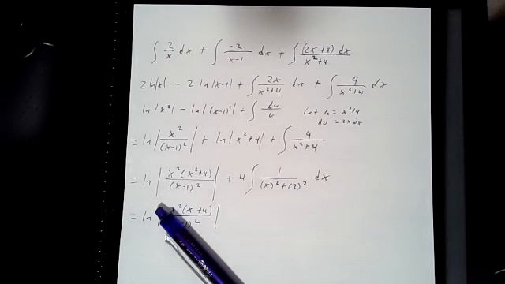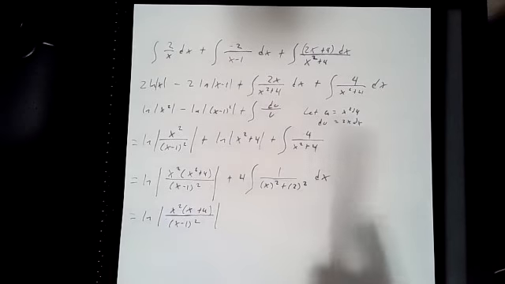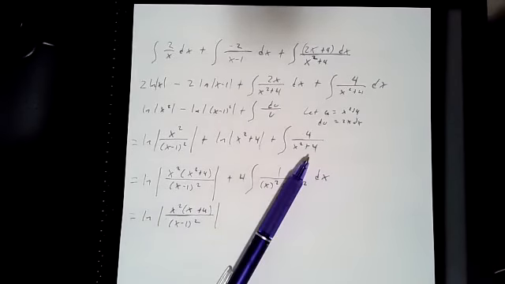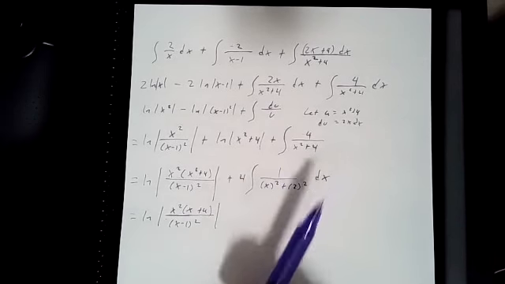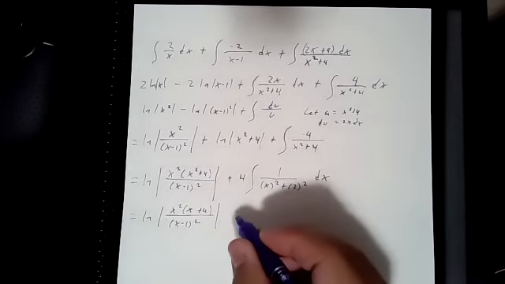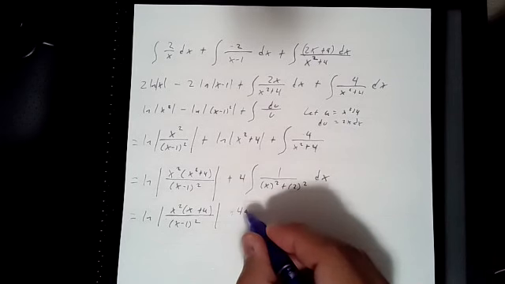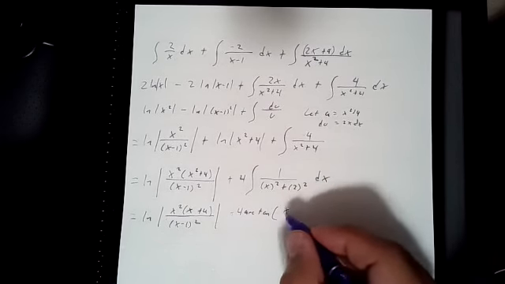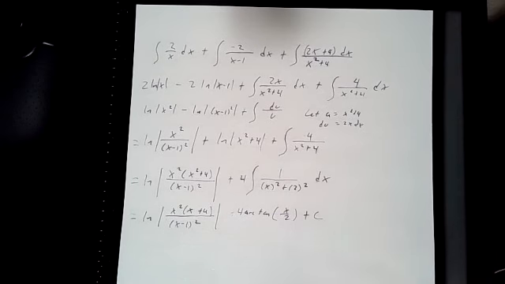It'll be 1 over a tan inverse of u over a plus c. But isn't there a number in front that I'm trying to check for, or no? You got 1 over a. Looks like it's just this plus 4 arctan of x over 2 plus c.